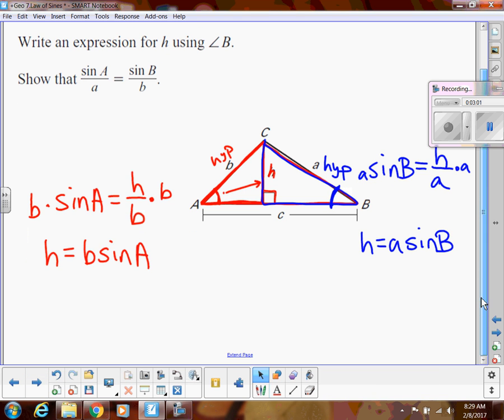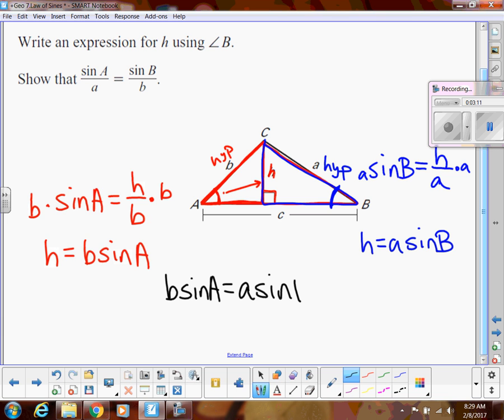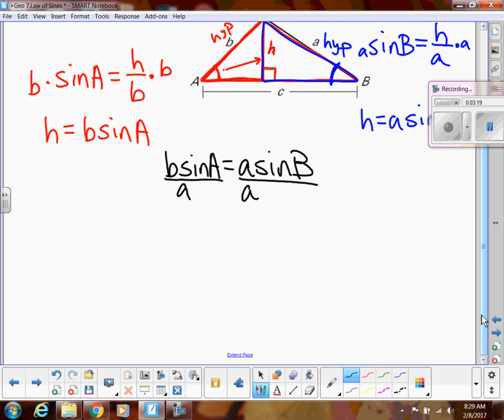Now, if I set these equal, I get B times the sine of A is equal to A times the sine of B. If I divide both sides by A, that gives me this.